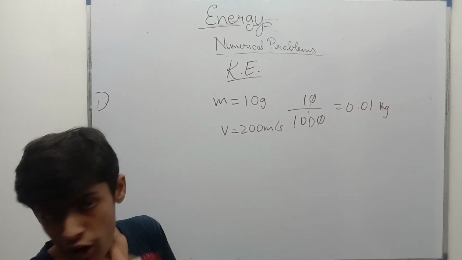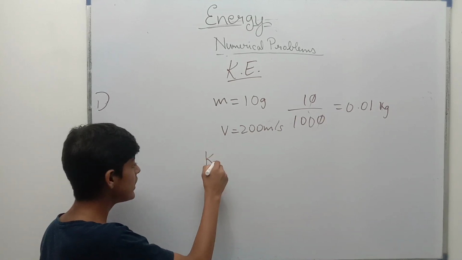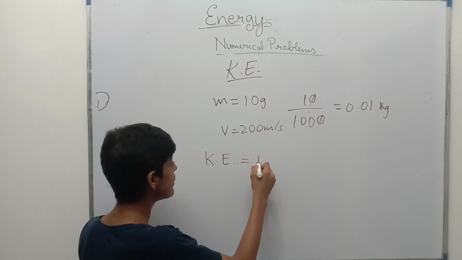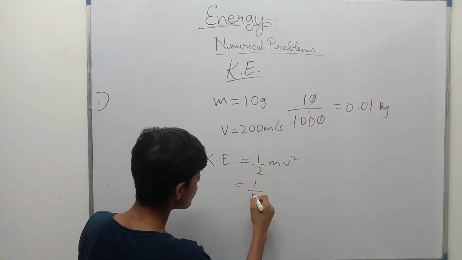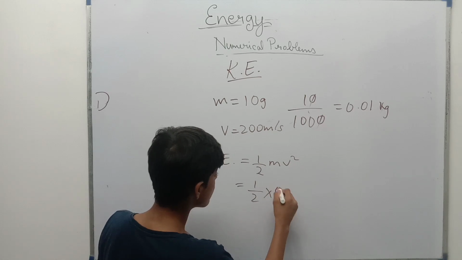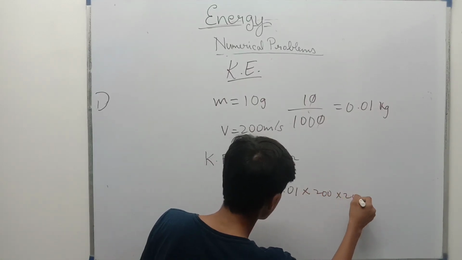As we know, the formula is half into mv square. So KE, which is kinetic energy, is equal to half mv square, which is 1/2 into 0.01 into 200 into 200.